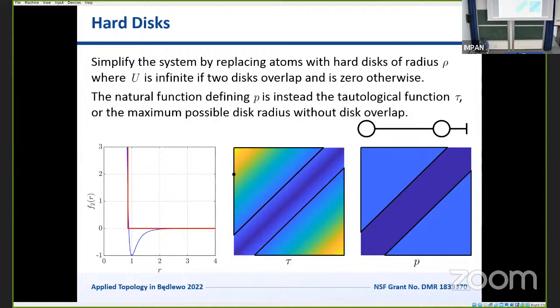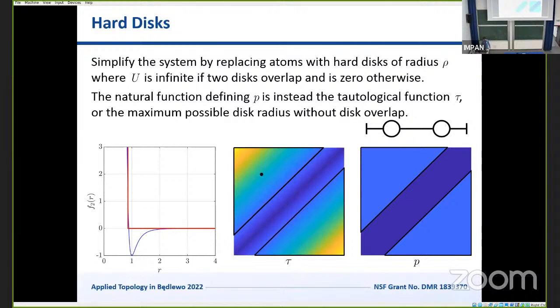So the idea of the tautological function is you've got some point in your configuration space, which defines the centers of the disks, and I'm now interested in how big I can make the disks without them overlapping, right? And so tau quantifies that. If I have a point in my configuration space out here, you see that the value of the tautological function is quite high. That means that I could, in principle, put down very, very large disks with the atomic centers in these positions without them overlapping.